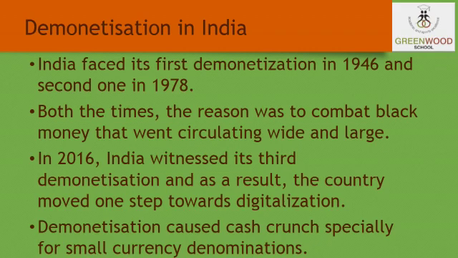On the 8th November 2016, India witnessed its third phase of demonetization, wherein Prime Minister Narendra Modi banned 500 and 1000 rupee currency notes with immediate effect. With the banning of 500 and 1000 rupee currency notes, the country moved one step towards digitalization.